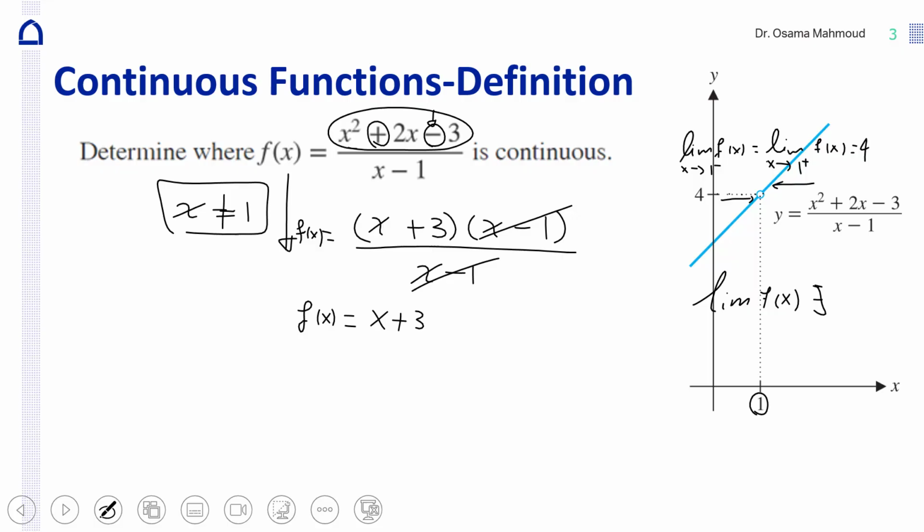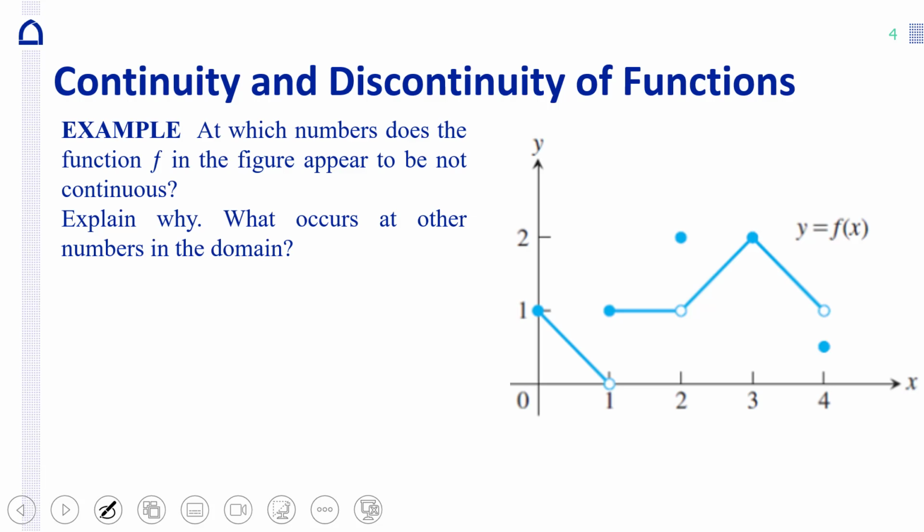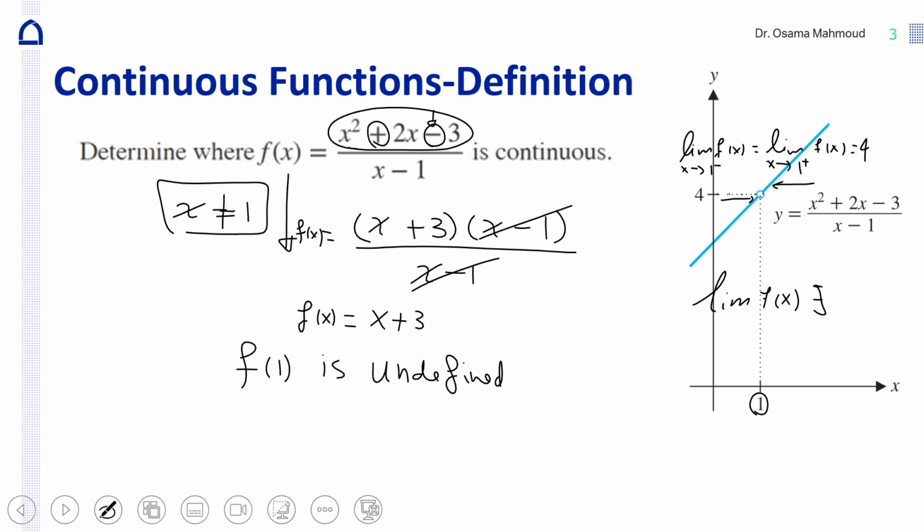But we have a problem as the function at x equal to 1: f(1) is undefined. So we said f(x) is not continuous at x equal to 1.